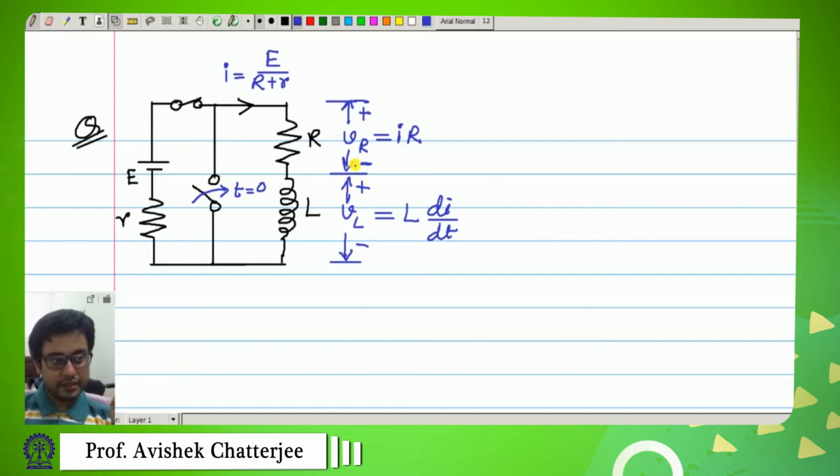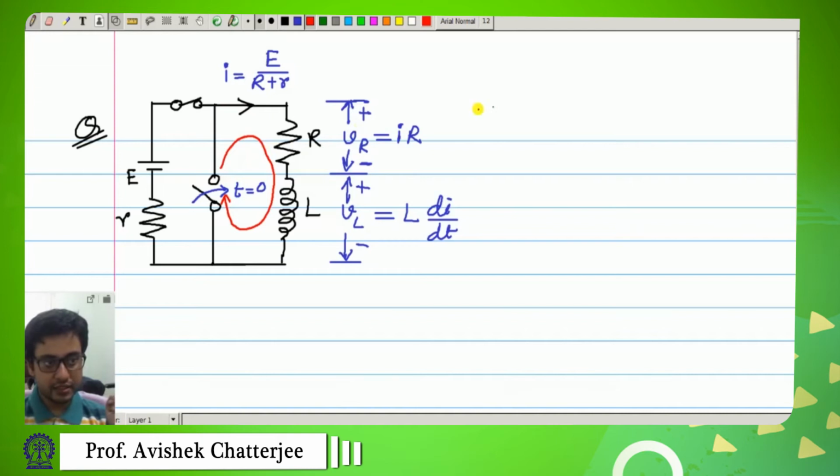Okay, then the moment you connect this switch, I can consider a closed path, closed circuit like this, and in this closed circuit, Kirchhoff's voltage law tells me that the total voltage drop in this closed loop should be 0.